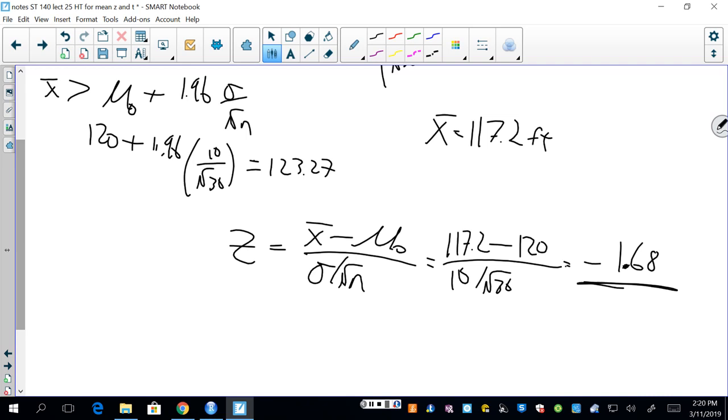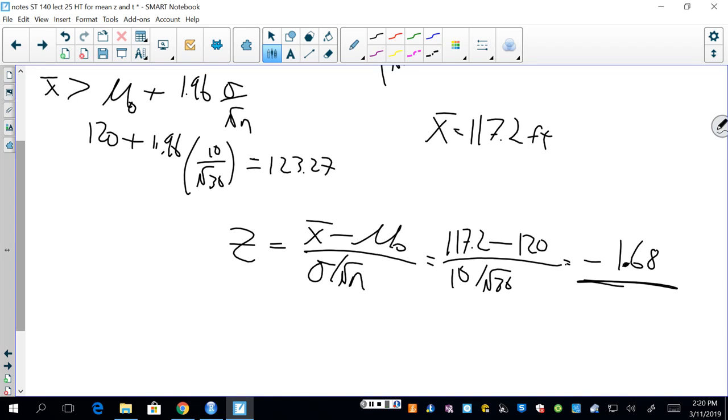So it's a bit away from 0, but two-sided, we have to go to 1.96 or negative 1.96. It's not quite far enough away as a z-value.